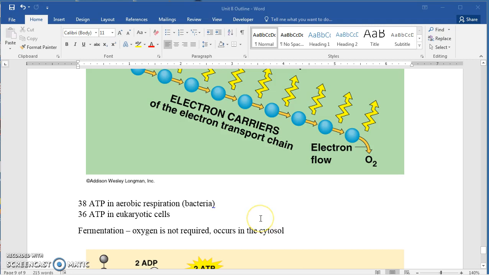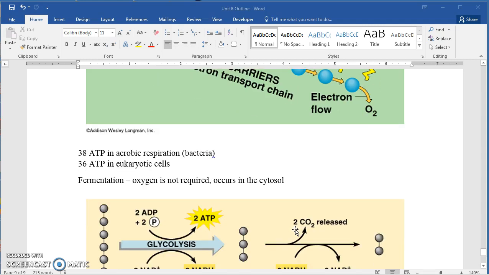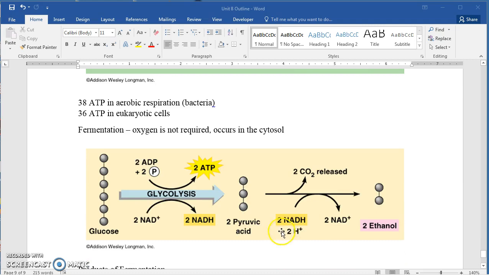If there's no oxygen present, or low oxygen conditions, then some cells are able to undergo what's called fermentation. This is under anaerobic conditions, but it's not anaerobic respiration. With fermentation, no oxygen is required, and it does occur out in the cytosol. No special organelles are required. The short of it is this.